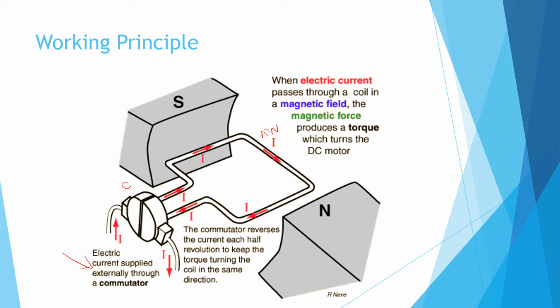Second, the commutator reverses the current each half revolution to keep the torque turning the coil in the same direction. When electric current passes through a coil, the magnetic force produces a torque which turns the DC motor.